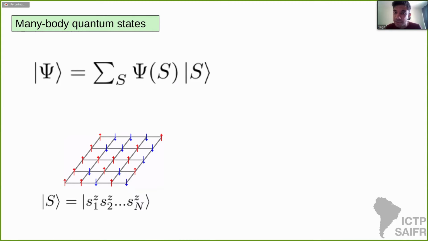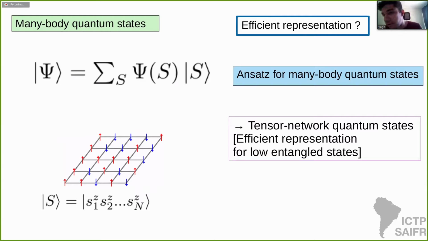One important question in numerical physics for many-body systems is how to derive an efficient representation for the wave function. Let's say a function that depends on a certain number of parameters, but this number of parameters is not exponential, it's polynomial with system size. This would be the goal.